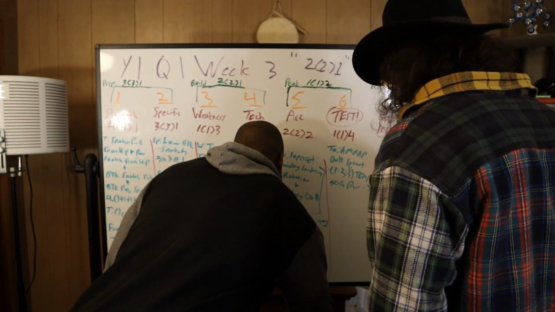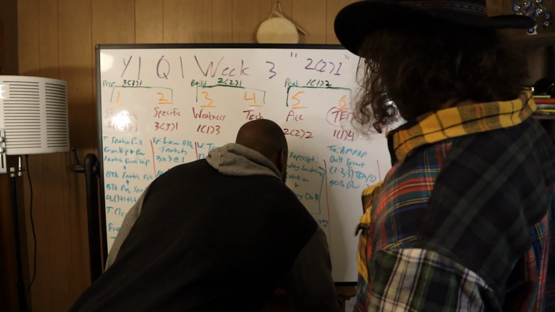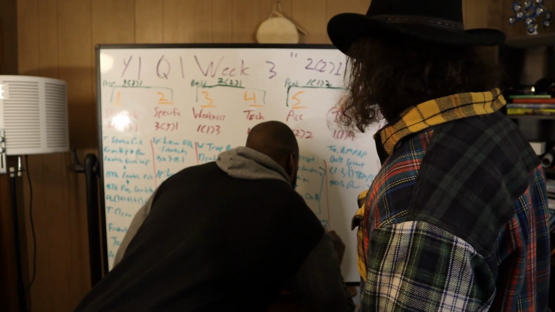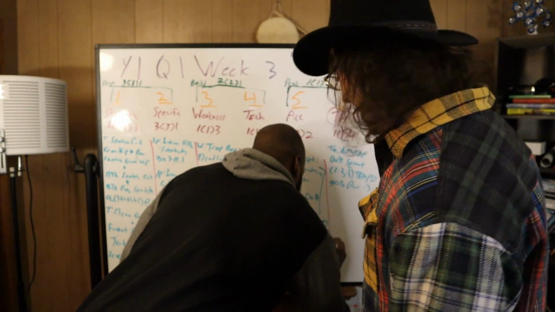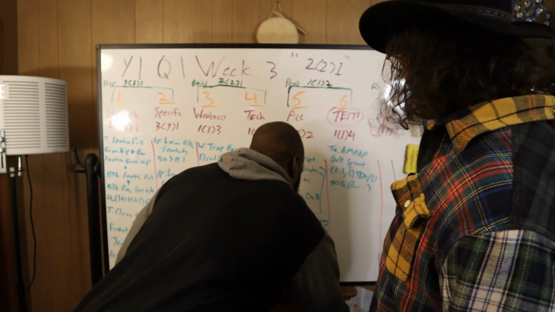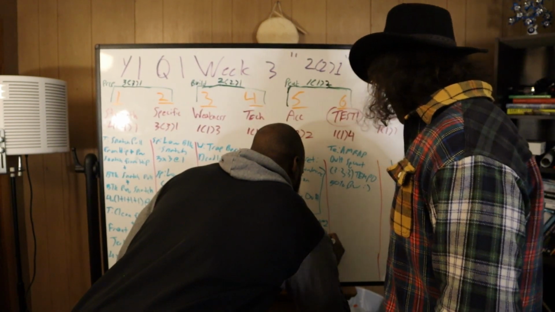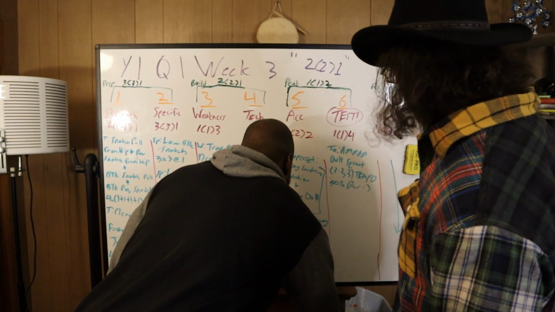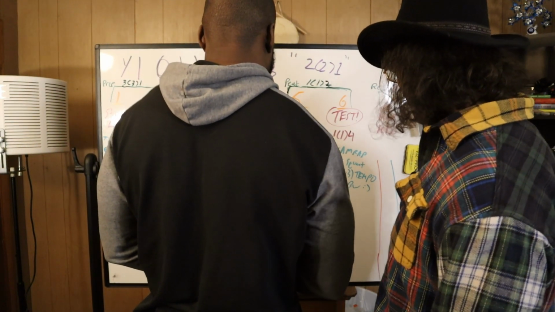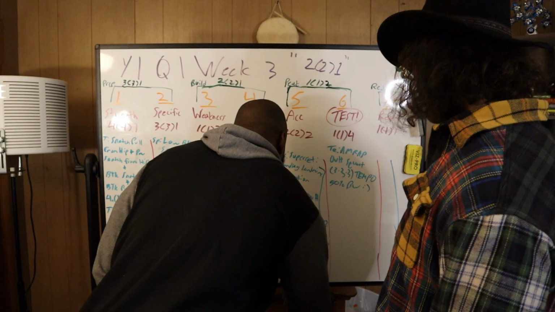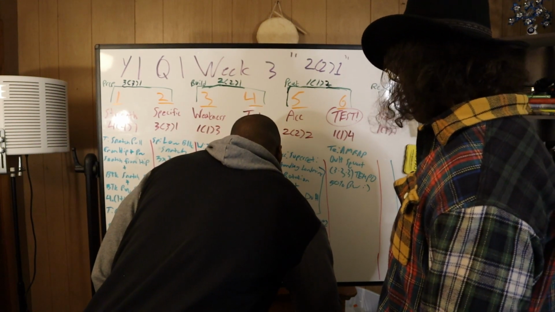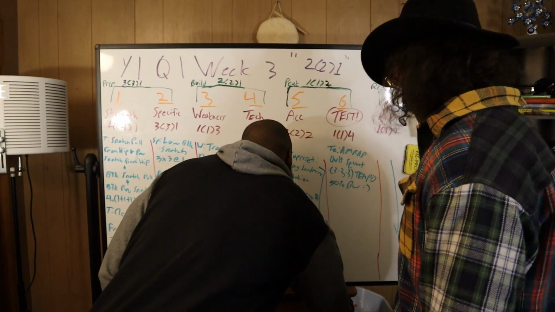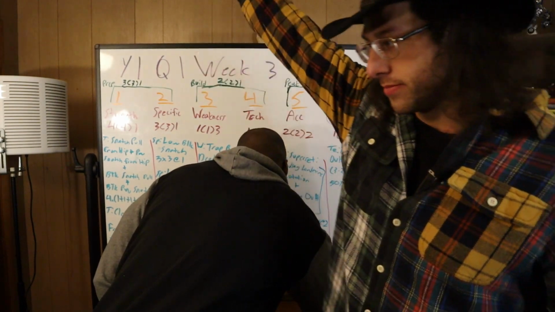Are we gonna superset that with something? Yeah, we'll superset that with the horse stance. Single arm rotation press, plus the horse stance, horizontal.